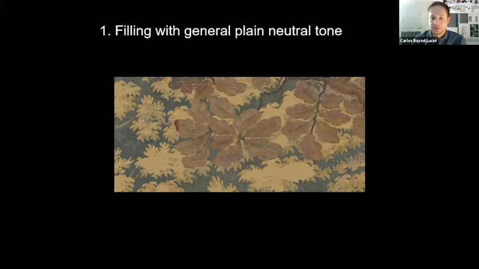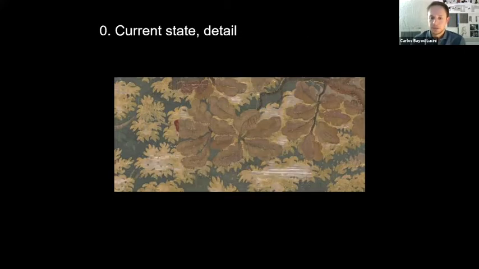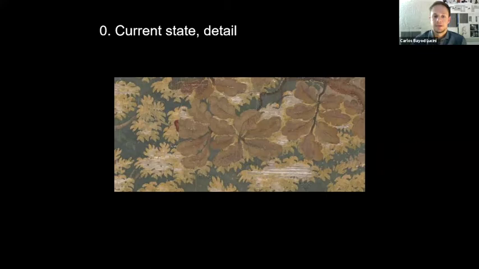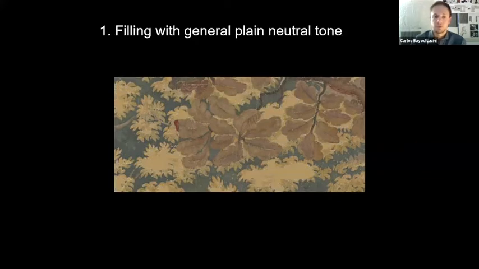It's just a flat color that we could incorporate in Photoshop in order to complete the areas that are lost. Obviously, we cannot make a physical facsimile of a tapestry that has a lot of holes, because in the end we want to be printing an image onto some kind of support. So it was necessary to find a way of filling all those holes.